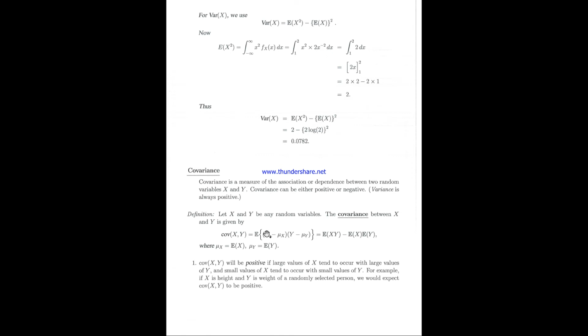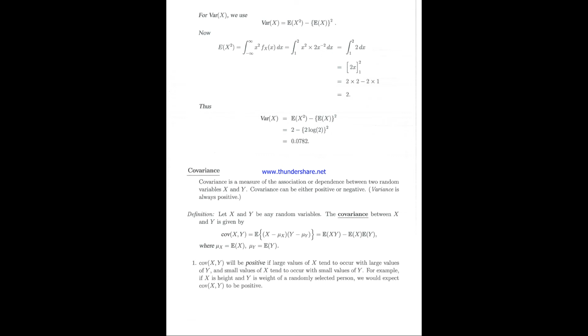That is the difference between the random variable x and its mean, times the difference between the random variable y and its mean, and then you take the expectation of this multiplication. When you simplify this, it's equal to the expected value of xy minus the expected value of x times the expected value of y.